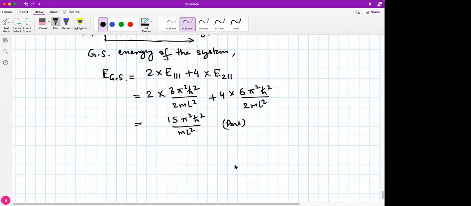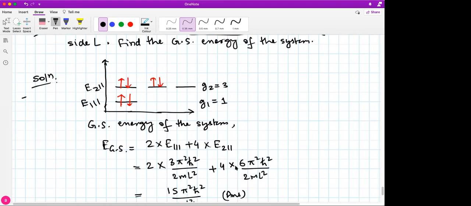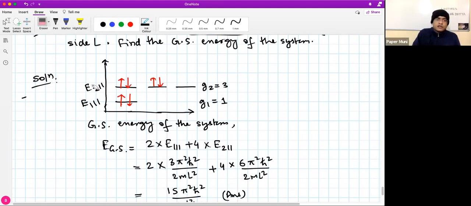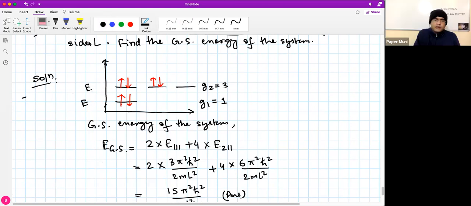Can I ask something? Yes. Sir, why did we write E211 here? It could actually be any of the states, since all of these states have equal energy. We cannot write E1 because it will make no sense.